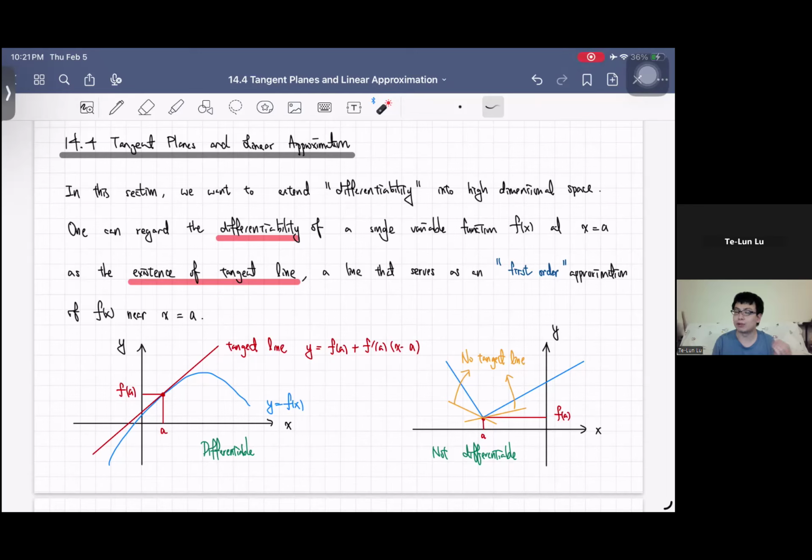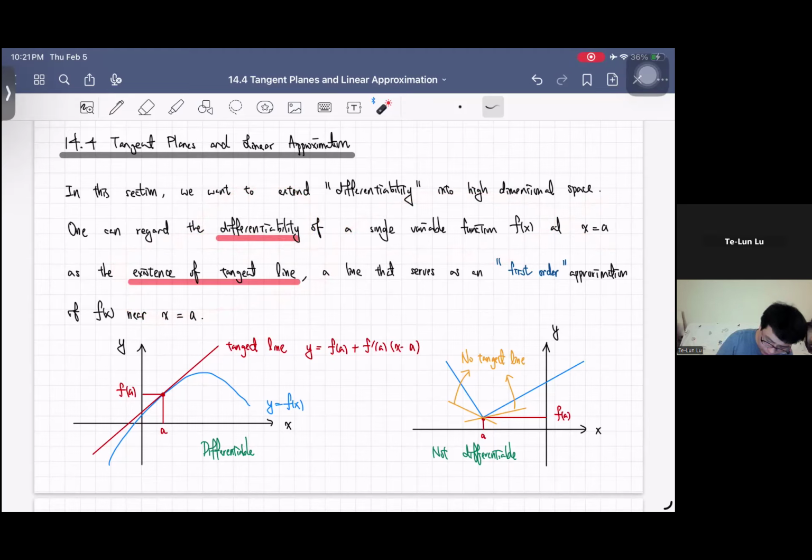Differentiability for a single variable function at a particular point x equals a can be rephrased as follows: the existence of a tangent line means that the function is differentiable. This definition is equivalent to the existence of the derivative, because having a derivative, you would immediately have a tangent line. The slope is given by the differentiation.